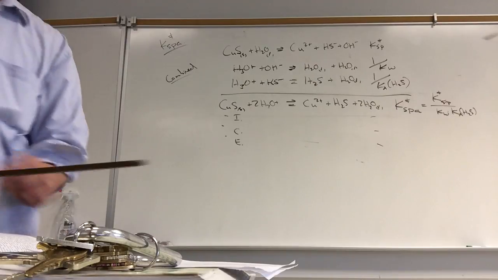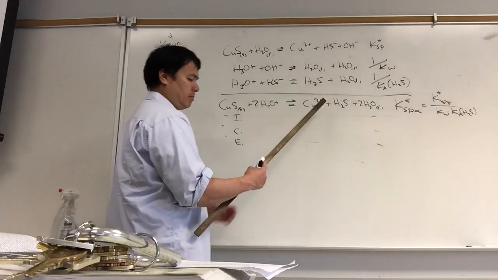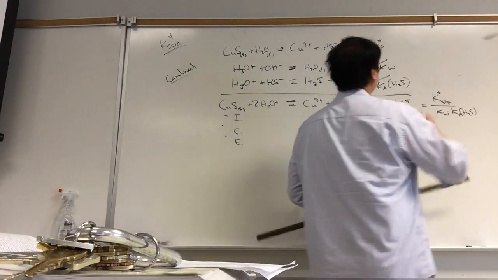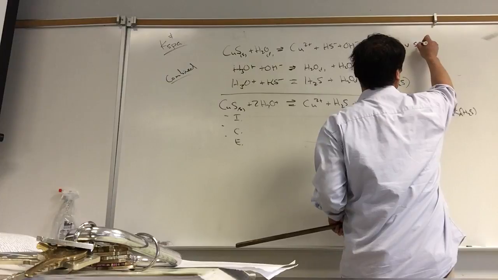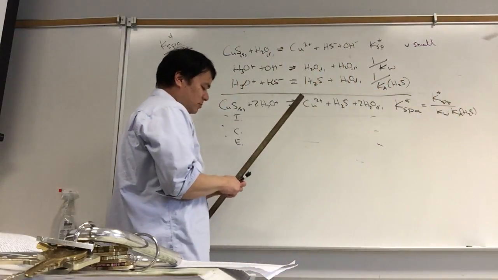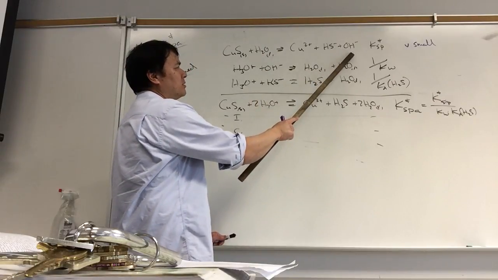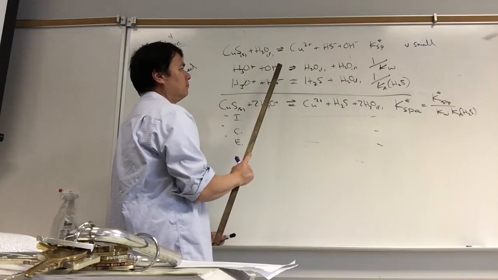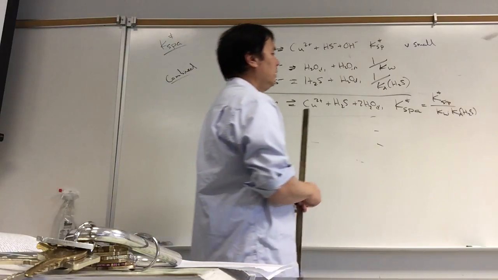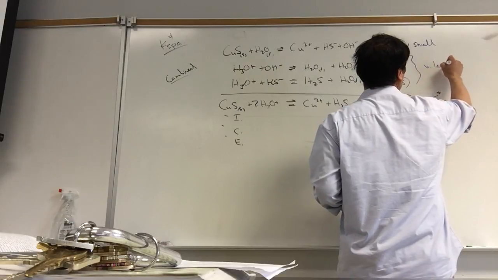The reason why we could ignore those in the final equilibrium is because of this. This first equilibrium has to be very small. So it's very small. It tells us that very little HS minus and very little OH minus is generated. In the next equilibria, these are very large.